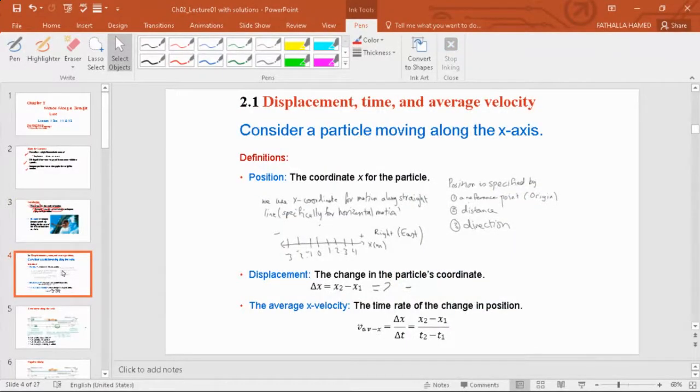Now, we're going to look in one dimension, and we'll choose the x-axis, okay? And we'll try to look at displacement and average velocity, which are both related with time. Now, as I told you in the previous lectures, when we look at space, we're going to describe it by x-axis and y-axis.